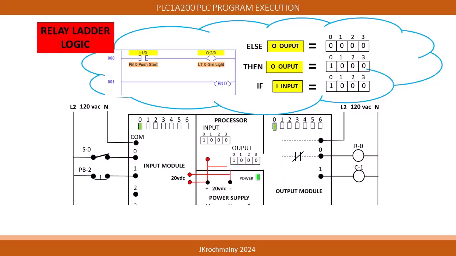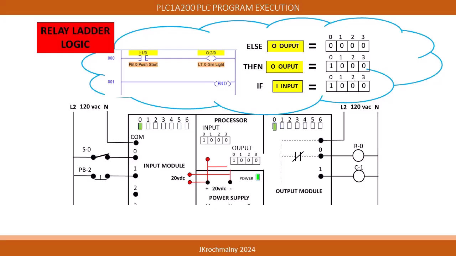The central processing unit sees this and enters a 1 in the appropriate memory box. By this way, the associated green LED located at the top of the PLC's input module turns on, indicating voltage on that terminal.